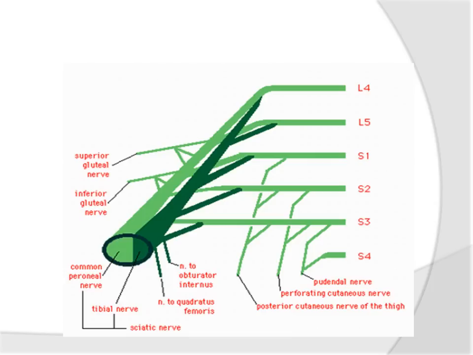Again, let's just summarize the sacral plexus. The sacral plexus is formed from the nerve roots L4, L5, S1, S2, and S3. And each of those nerve roots has both anterior and posterior divisions, meaning that as those nerve roots exit the spine, they then divide.